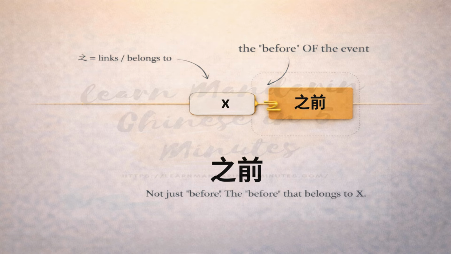That's the key difference. 以前 is before from a general viewpoint, broadly in the past. X 之前 is before X with a clear reference point. Because X 之前 draws a boundary around X, then points to the time in front of it, earlier than it.